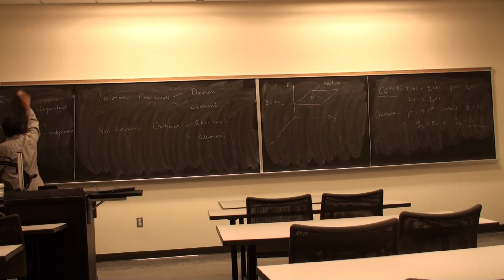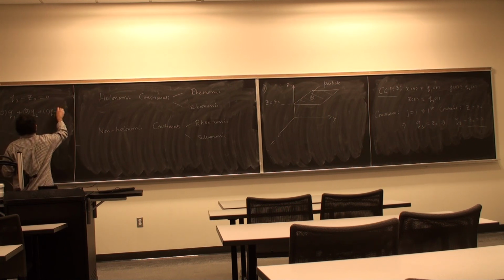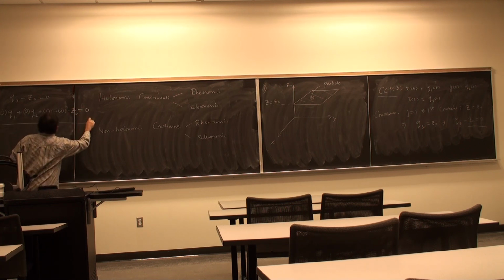Or I can write it in the following manner. q3 minus z naught is equal to 0 can be written as 0 times q1, right? 0 times something is 0. 0 times q2, same result. 1 times q3, minus z naught, is equal to 0.